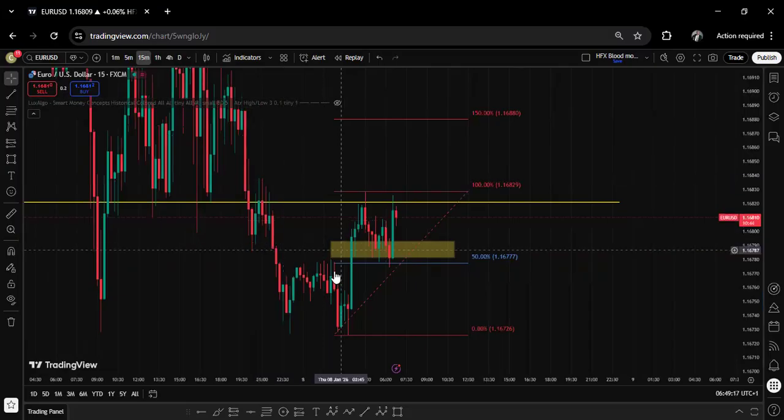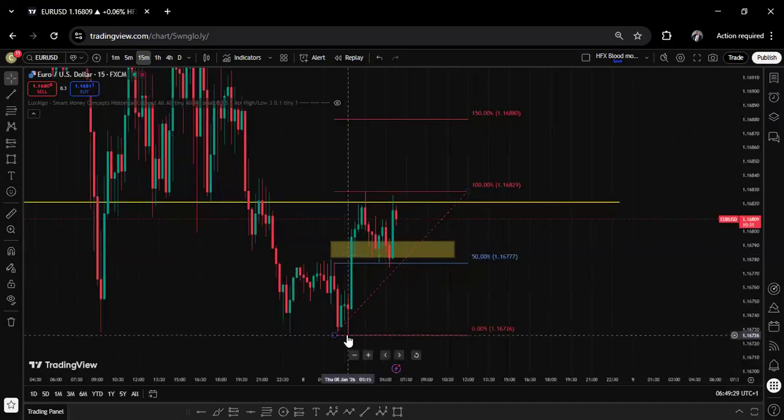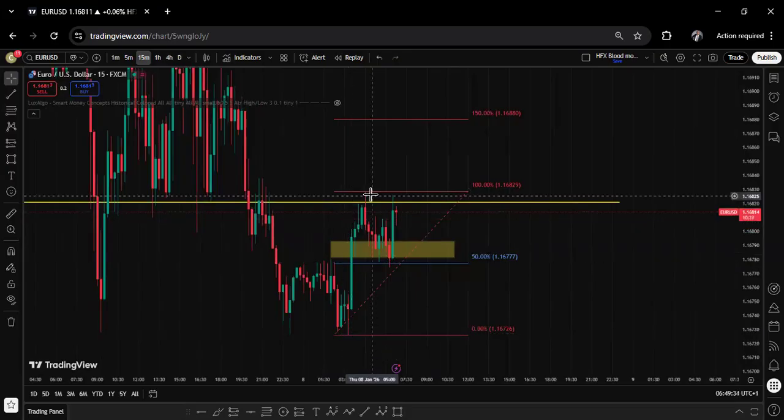On the 15 minutes time frame, we are seeing the zones that were broken and respected, a resistance that was broken and becoming a new support. Thirdly, we are seeing a swing low and high, and the market retesting into it now.